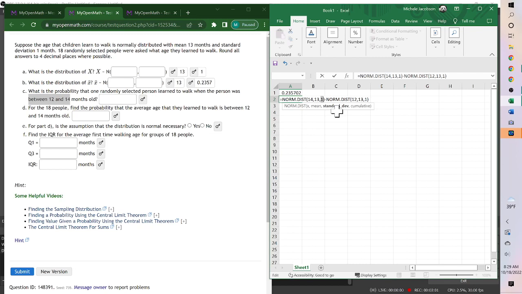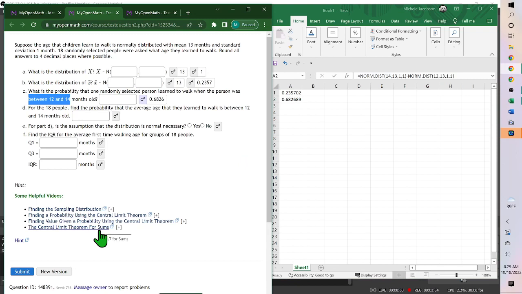Oh, that's right. You have to put the area under the curve, which is also 1. So you put the X value, the mean, standard deviation, and then the area under the curve is 1. So then here 12, 13, the first one is the standard deviation, the second one is the area under the curve, which gives us 0.6826.